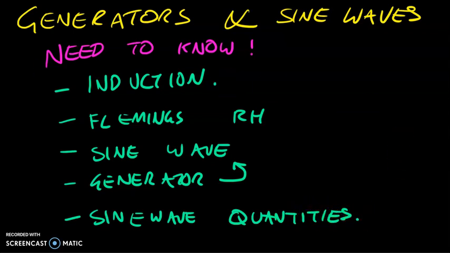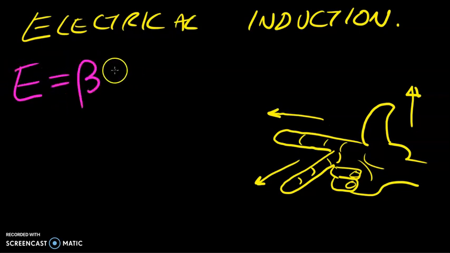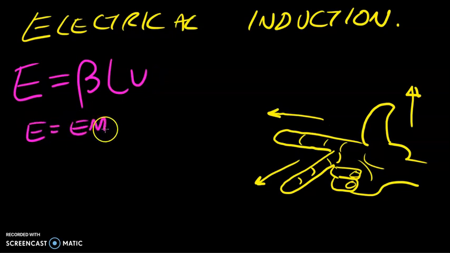So let's move on next to electrical induction. Whenever a magnet moves in relation to a coil of wire, or a magnetic field changes in relation to a coil of wire, a voltage is induced, and that voltage is described by the formula E equals BLV. E is the EMF in volts.